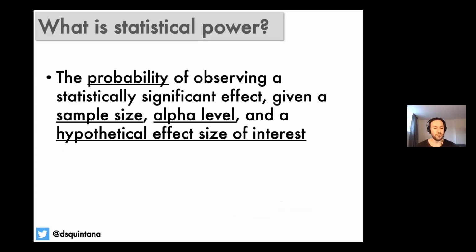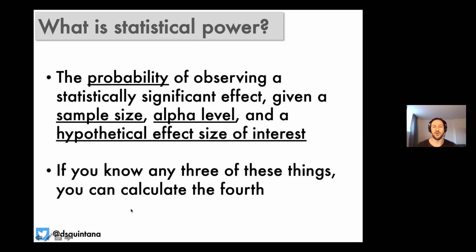But the thing is, these things are all related. So if you know any three of them, you can calculate the fourth. So in terms of actually calculating power, if you know your sample size, your alpha level, and your hypothetical effect size of interest, which we're going to get into quite soon, then you can calculate power. But if you want to estimate the sample size that you need, then you plug in the other three things so you can figure out the fourth thing.